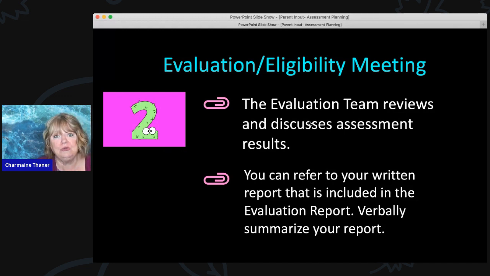And that's when you can also refer to your parent report and double check that it's in the evaluation report and give a verbal summary of the information that you have about your child, what kinds of strengths and needs they have, what skills you see them using at home, anything like that will help the team understand your child better. That is what you want to be sharing at the evaluation portion of this meeting.